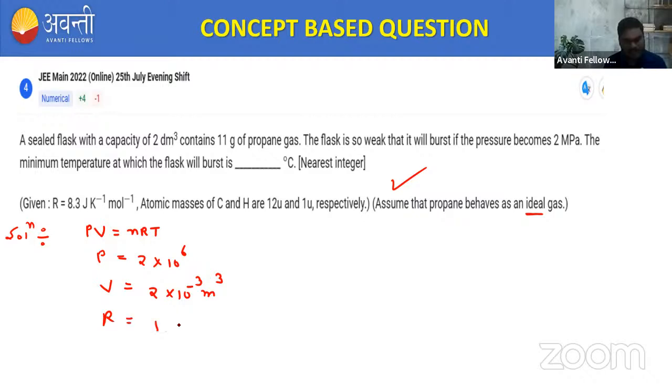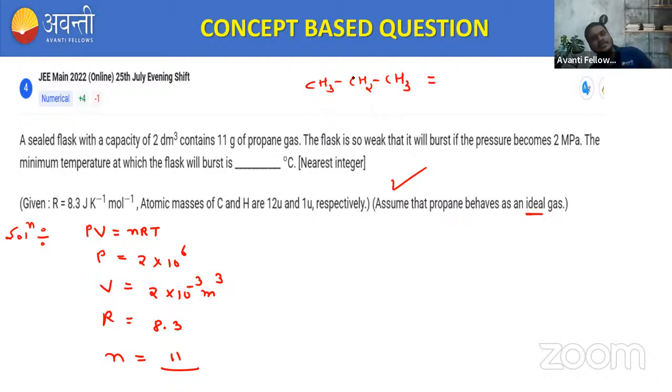R we already have, like 8.3. And what about the number of moles? The number of moles is mass upon molecular mass. Mass is given, that is 11 gram. What is the molecular mass of propane? Can anyone calculate it? Propane means CH3, CH2 and CH3. So this is the formula of propane.